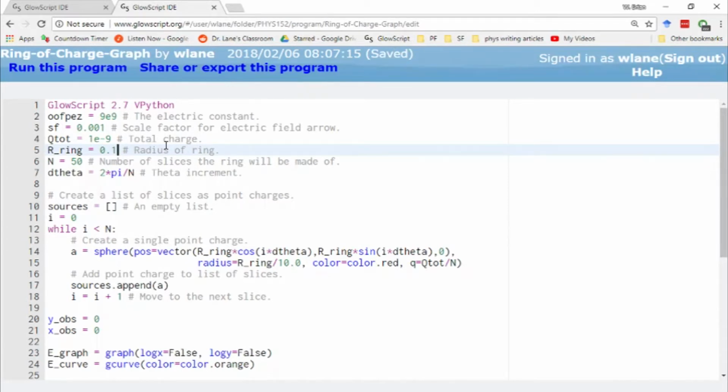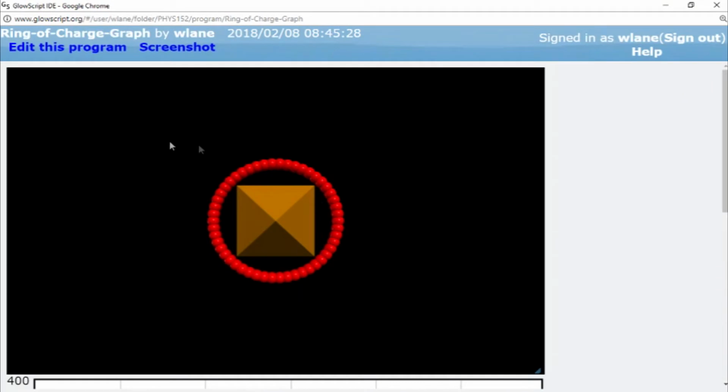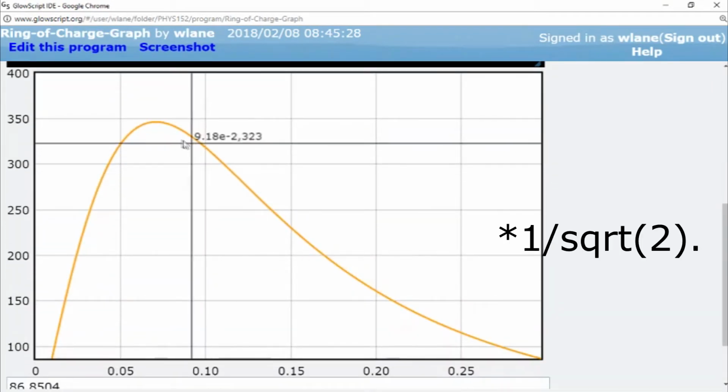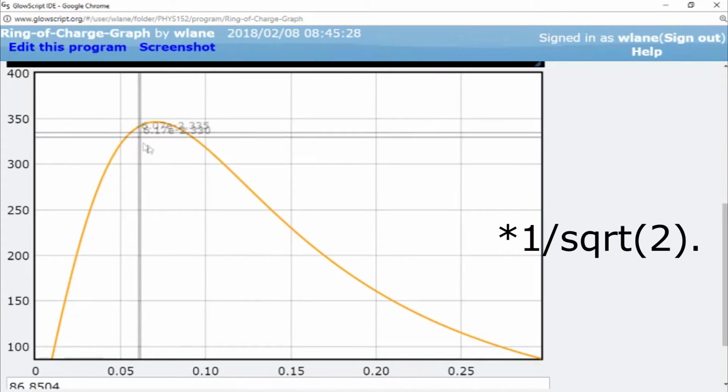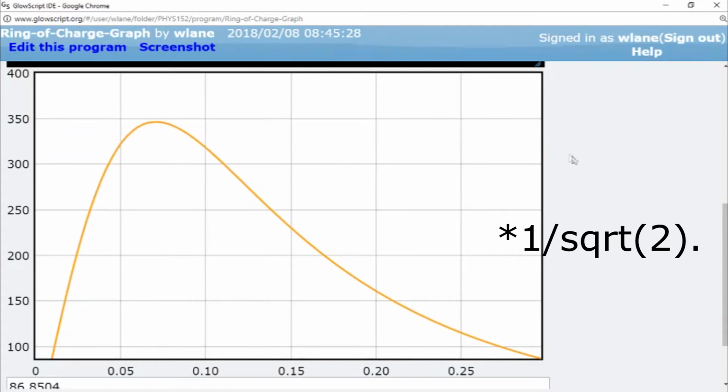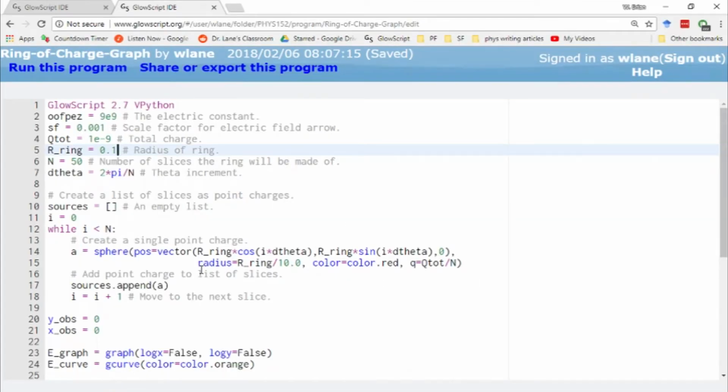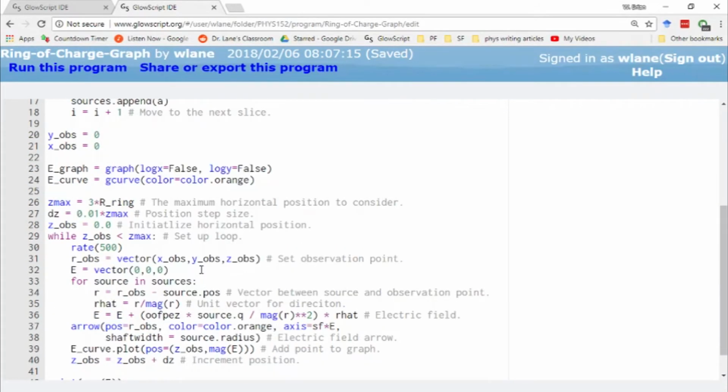If I look it up, I'm sure I'll find out that it's the square root of 2. Yeah, so right there at about 0.7, I'm willing to guess that is right at about 1 over root 2. Let's see, how would I test that?